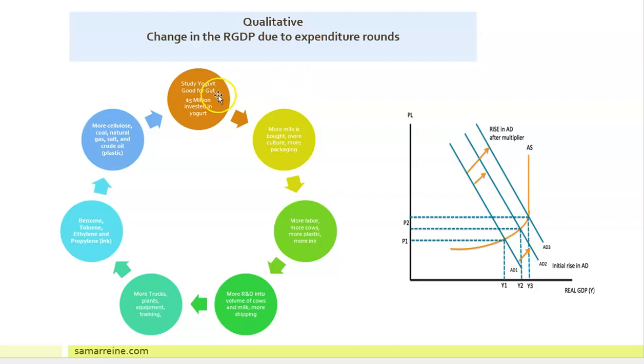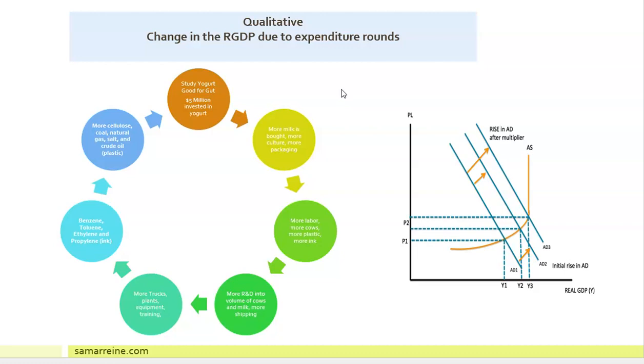So what does that mean? That means that there's going to be more milk that's getting bought, more culture, more packaging. If there's going to be more yogurt, you're not going to say to people, open up your hands, here's your scoop, right? Everything that goes into putting that yogurt in their hands, but not literally, kind of literally, is going to increase in demand.